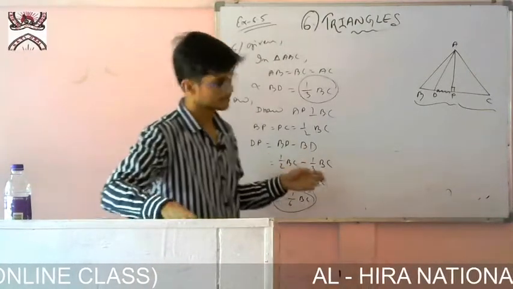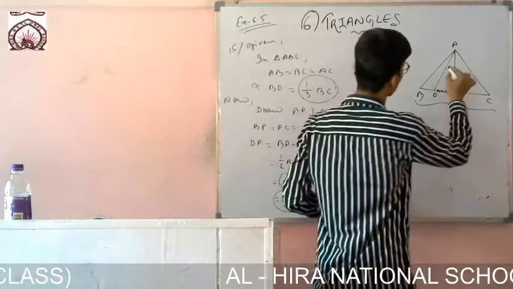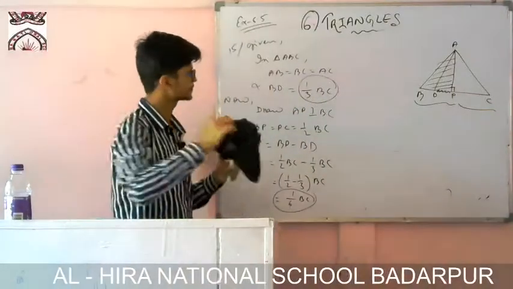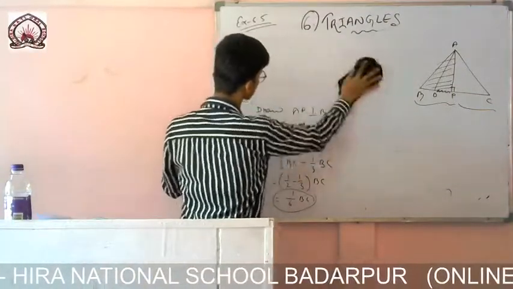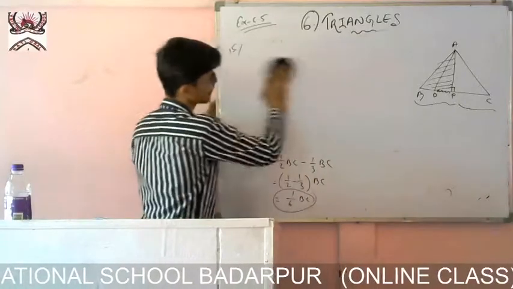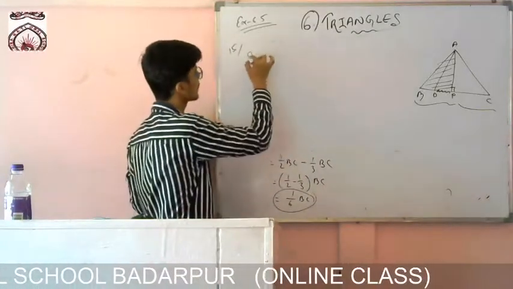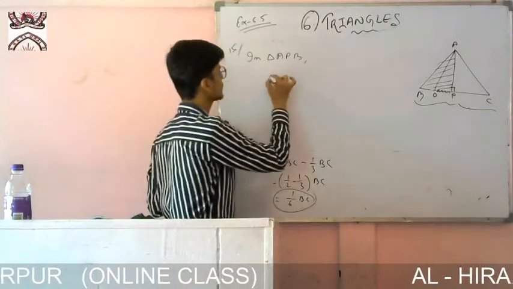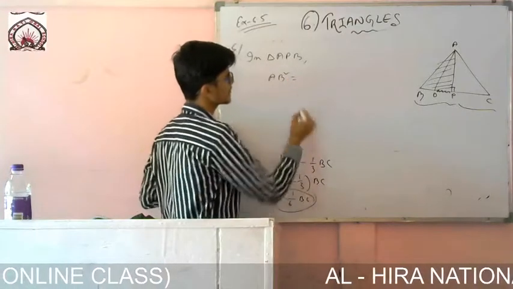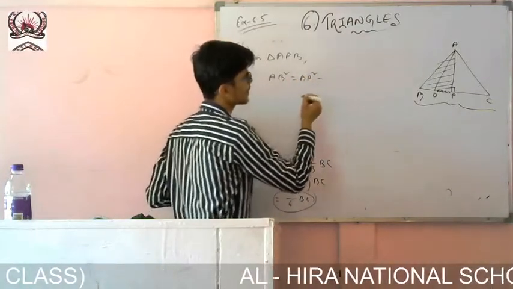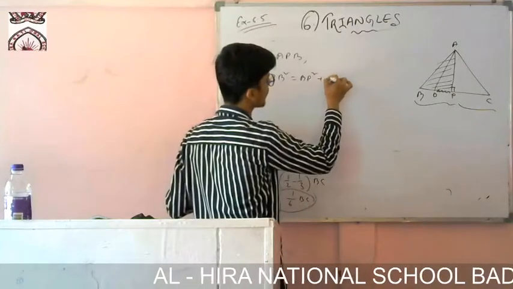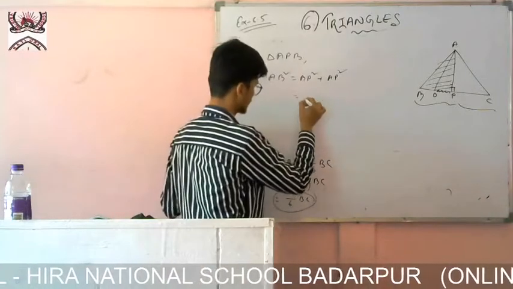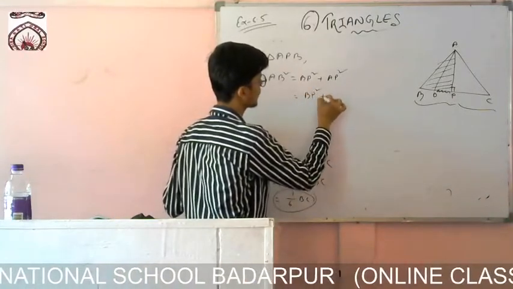I'll take this triangle. In triangle APB, AB square is equal to BP square plus AP square.